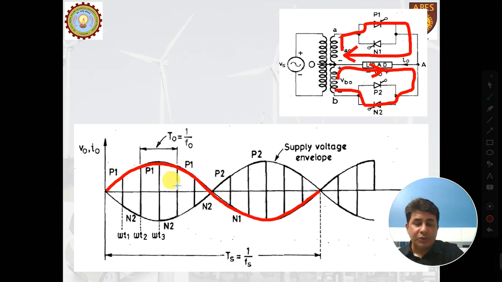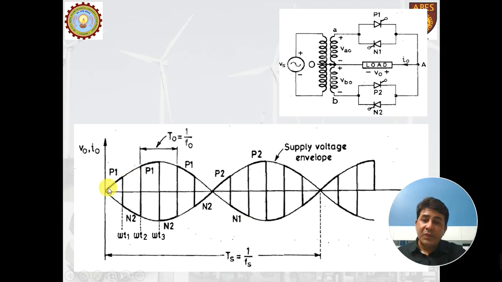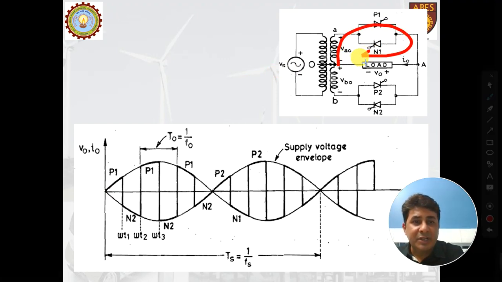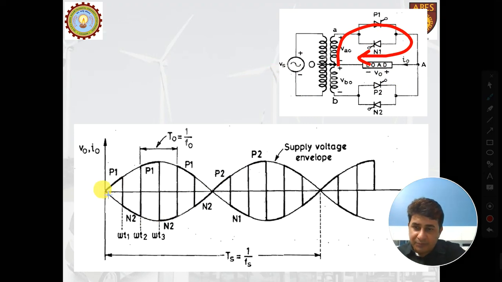Now let us see how the firing is done. I am taking the case of this one complete cycle. If we fire P1 at this very instant, what will happen? By firing P1 here, the current in this direction will establish and the load will receive a positive voltage. Now from this point up till this point, we will keep P1 forward biased.